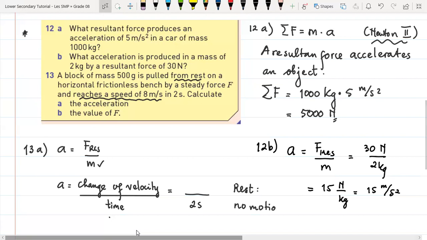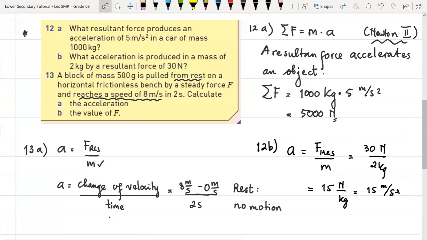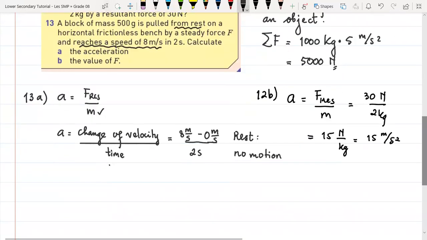So what does the word no motion mean? Yes, no motion, meaning the speed is 0 meters per second, right? So at first it's 0 meters per second. At the end, it is 8 meters per second. Meaning, what is the change of velocity? The change of velocity is 8 meters per second. For how long does this change of velocity take place?